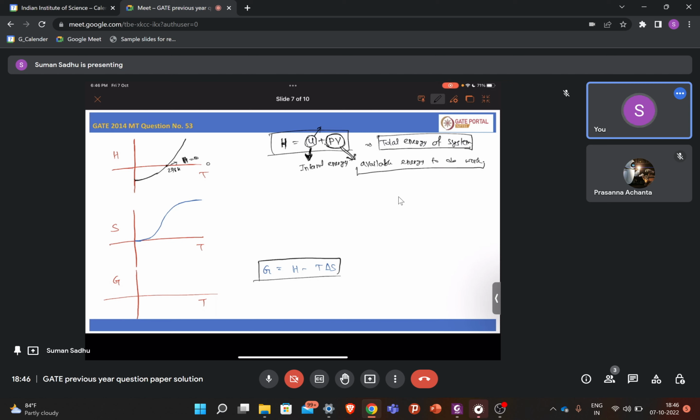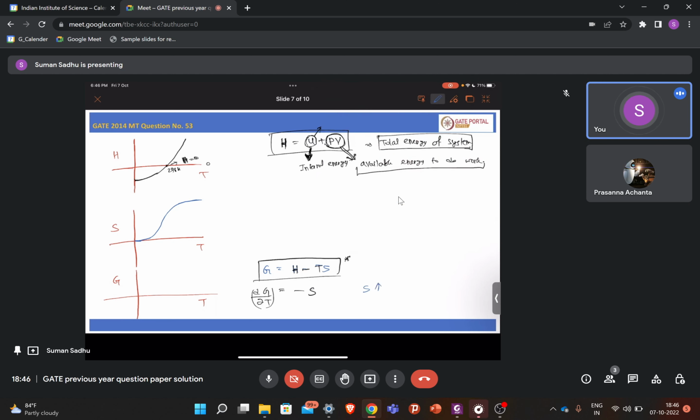Now how will G vary with temperature? From this equation you can say, what will be the slope first? G versus T, if you plot, what will be the slope? Slope will be delta G by delta T, so this will be minus S. So the slope is minus S, and S is positive.